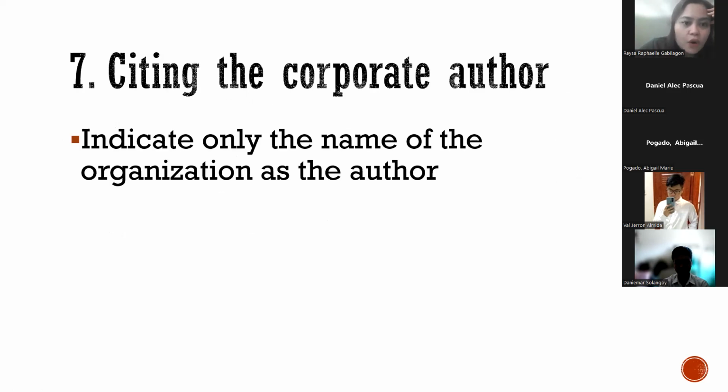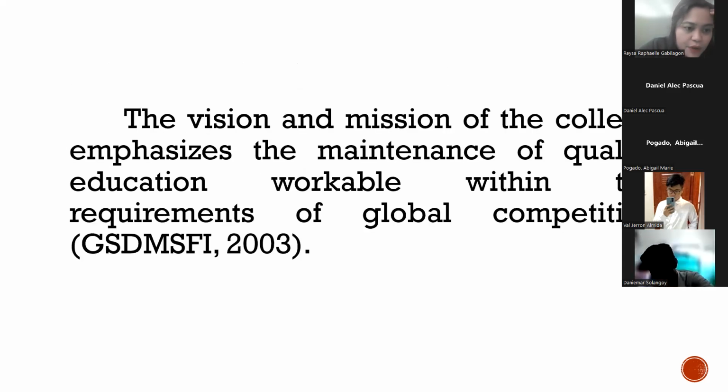And then citing the corporate author. So for example, it's an organization. You cannot really see the name of the specific author. Nasa ano siya? Nasa website siya ng certain organization or agency. So how are we going to do the parenthetical citation? You just write the name of the agency, pwede ngang abbreviation lang, and the year of the publication.